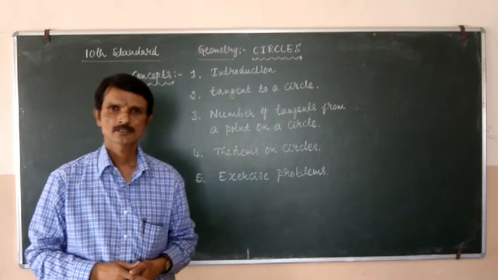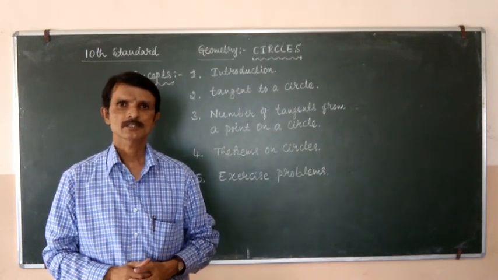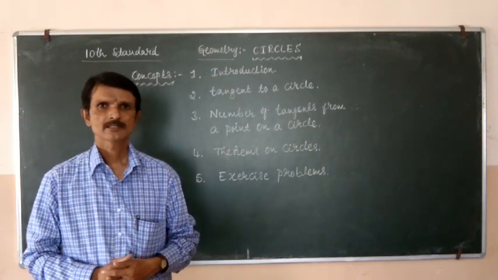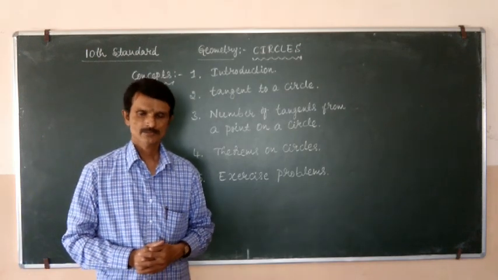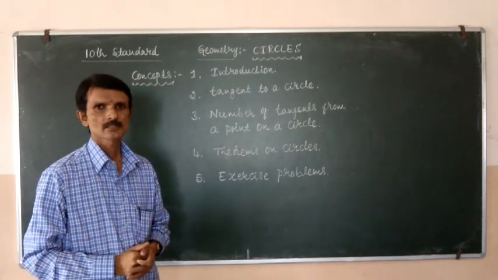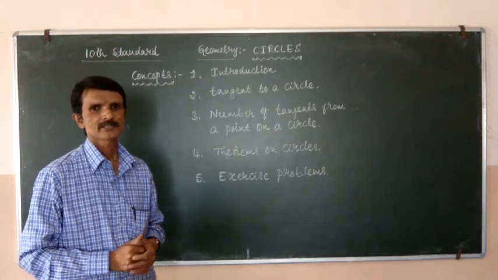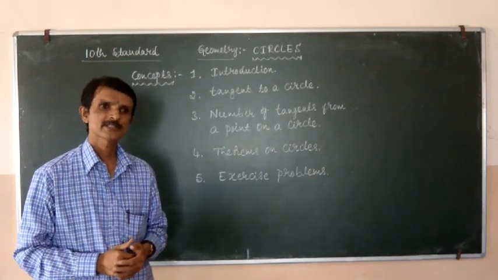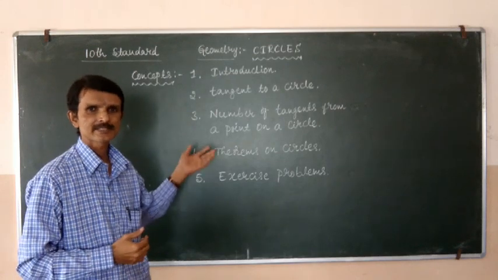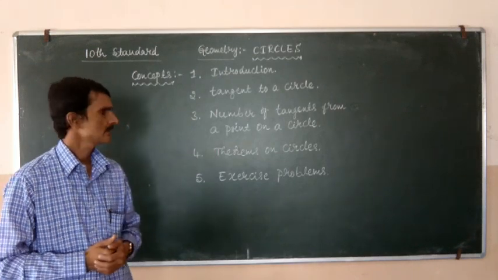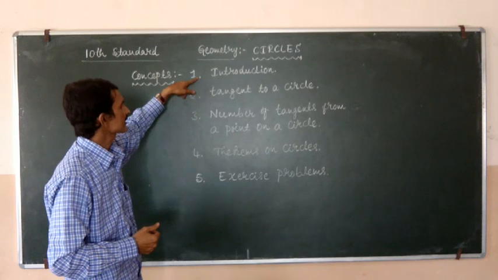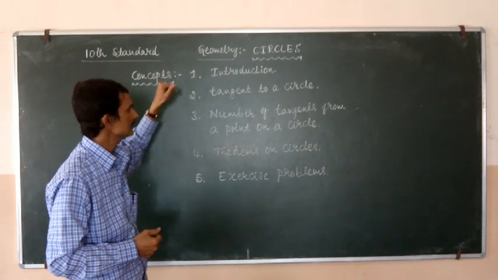Dear students, today we shall study the 10th standard geometry chapter circles. In this chapter we are going to learn the following concepts. The concepts are introduction to the circles.